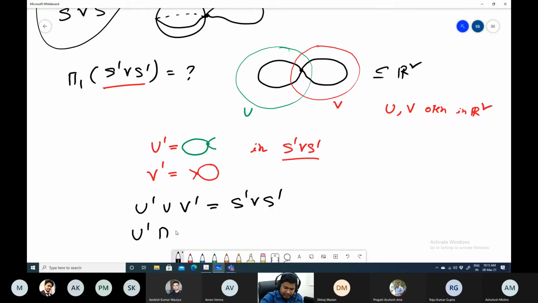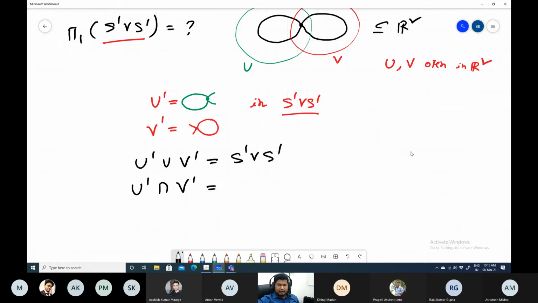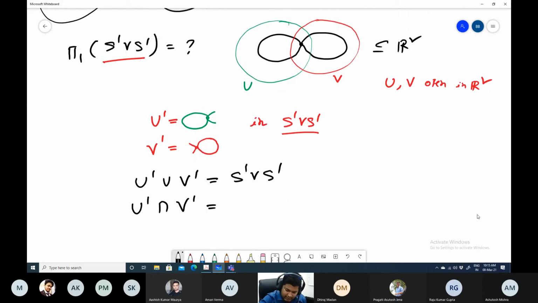And what will the intersection U dash intersection V dash look like? It will be kind of this and this. Is that clear to everyone? Yes, sir. Right. Now can you tell me the fundamental group of U dash, V dash and their intersection, and why?